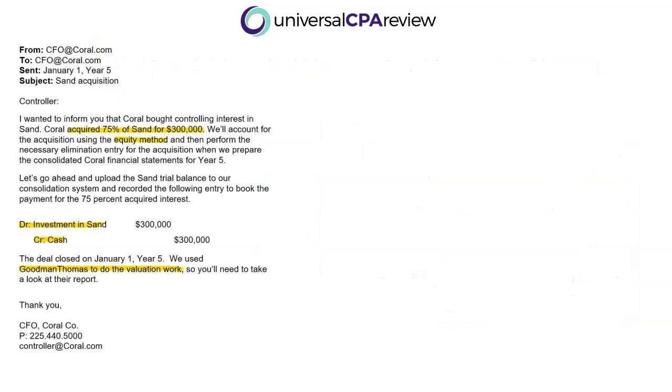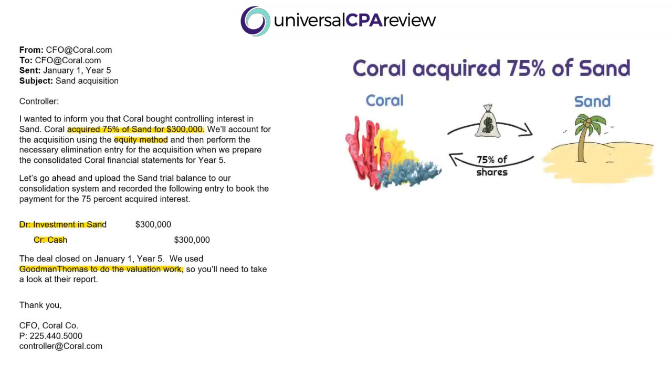So this next exhibit is an email from the CFO regarding the Sand acquisition. Right, so in the second sentence there, it tells us they acquired 75%, right? So that's controlling interest, but it's not 100%. So that means that 25% relates to non-controlling interest or minority interest, right? And they paid $300,000 for that 75%.